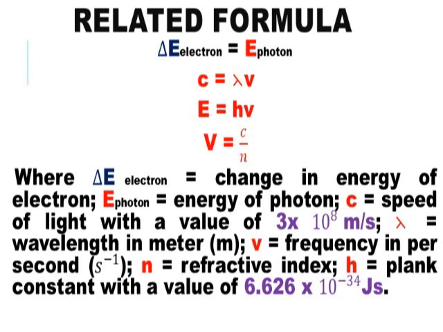And finally, V is equal to C over n, where delta E electron is change in energy of electron, E photon is energy of photon, C is speed of light with a value of 3 times 10 exponent 8 meter per second, lambda is wavelength in meter, V is frequency in per second, n is refractive index, h is Planck constant with value of 6.626 times 10 exponent minus 34 joules.